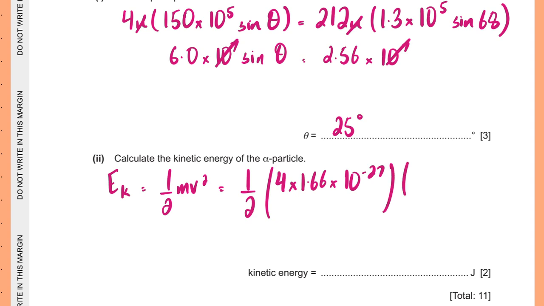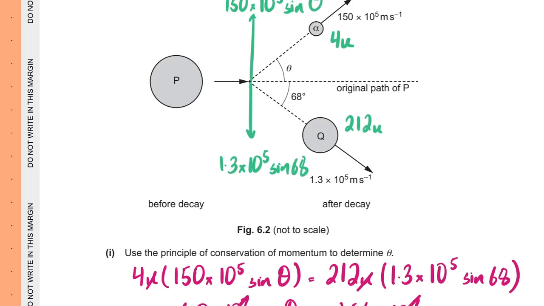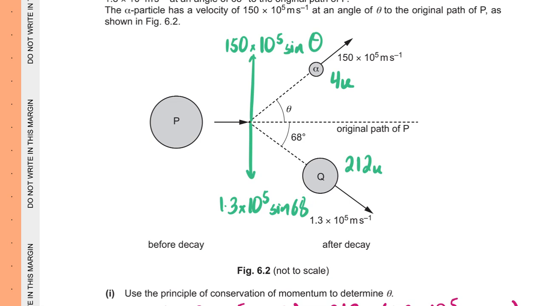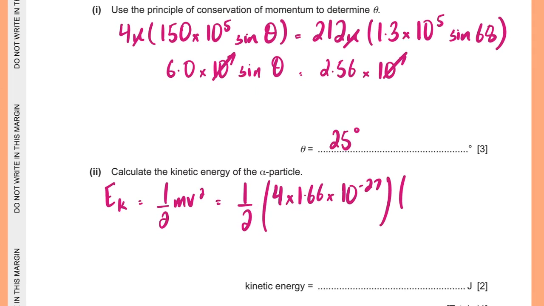And the speed of the alpha particle was 1.5 × 10^7, right? Don't forget to square this. A lot of people do forget this. And then you multiply. So this turns out to be 7.5 × 10^-13 joules.